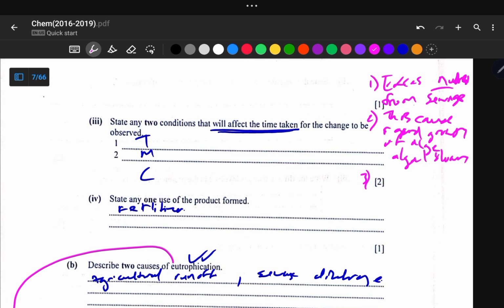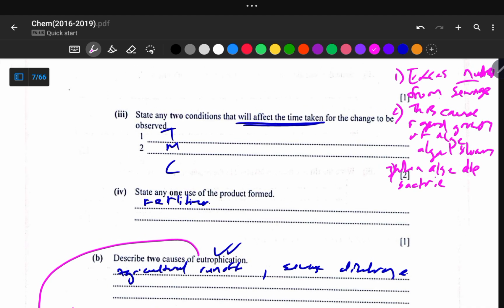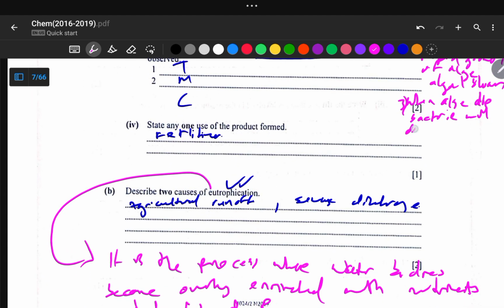And then third step, when algae die, the bacteria will decompose them, thereby using up oxygen in the water bodies, depleting the concentration of oxygen, right?